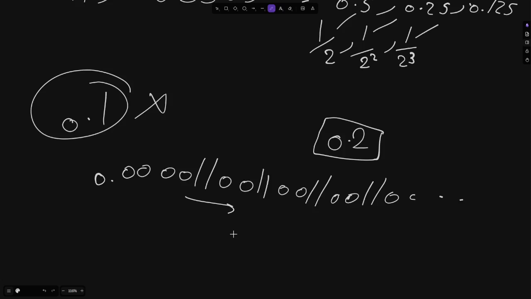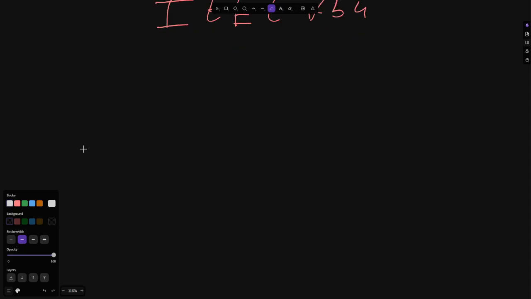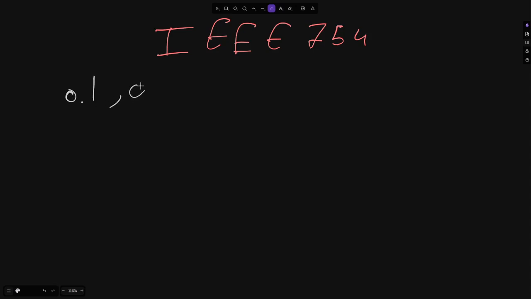So here is where our third part comes in: the IEEE 754 standard. This standard solves this problem. As we said, 0.1 and 0.2 are endless numbers, so they are endless binary codes.